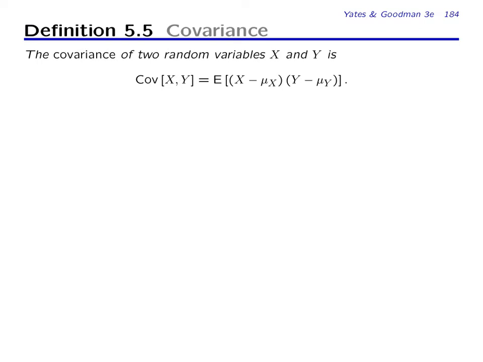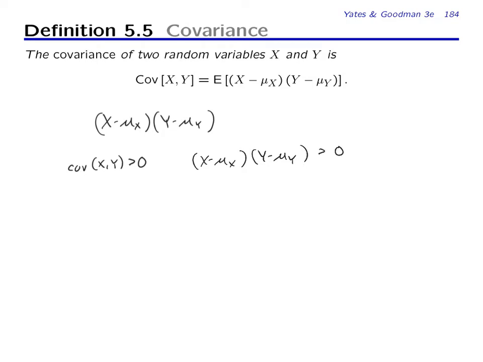So this covariance is an expected value, and specifically, it's the expected value of X minus mu X times Y minus mu Y. And of course, this product is a random variable, and it's instructive to think about what sort of random variable this is. So when covariance of X and Y is greater than 0, it says that the expected value of this random variable is positive, and that more often than not, X minus mu X times Y minus mu Y is greater than 0.